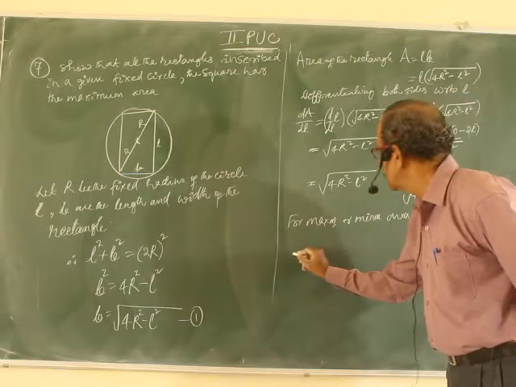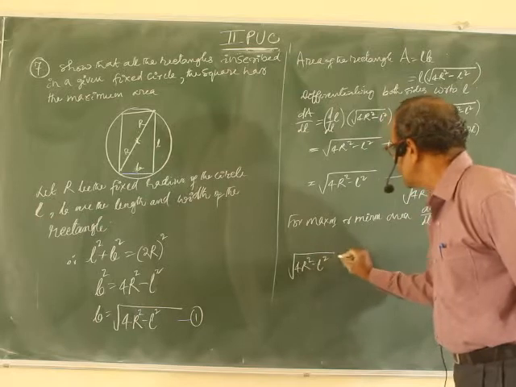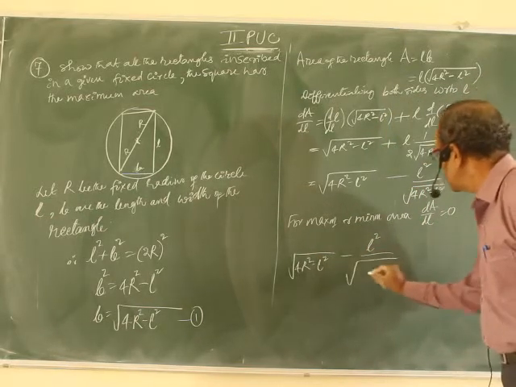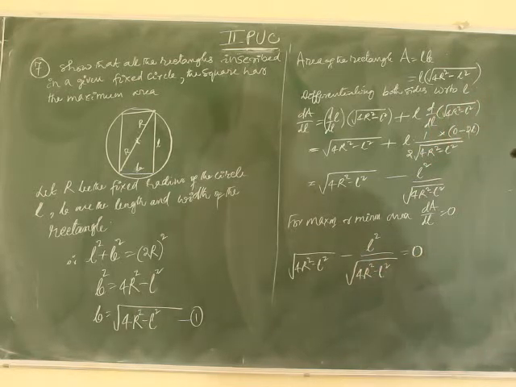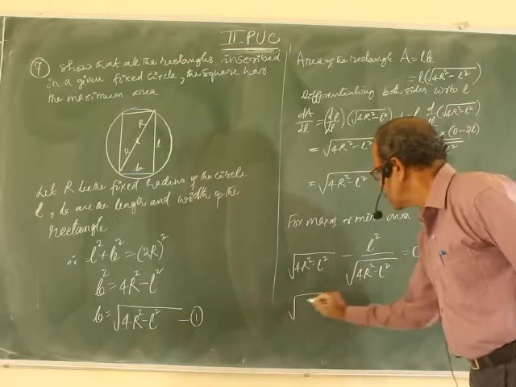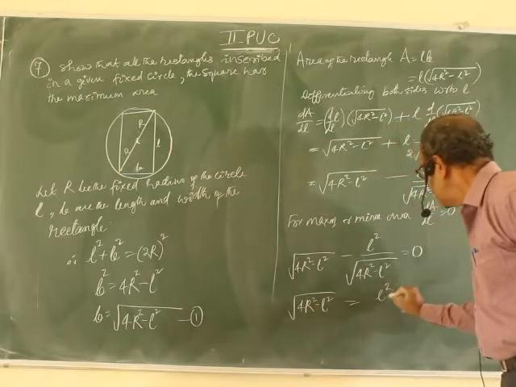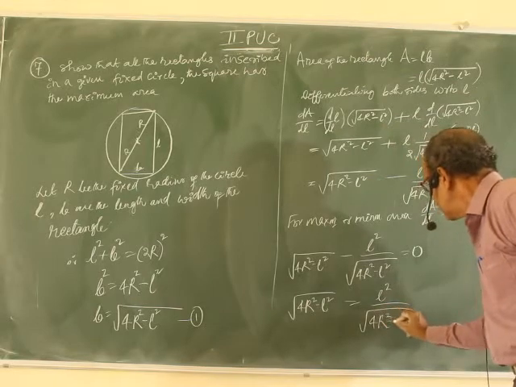Therefore, root of 4R square minus L square minus L square divided by root of 4R square minus L square is 0. Or root of 4R square minus L square equal to L square by root of 4R square minus L square.